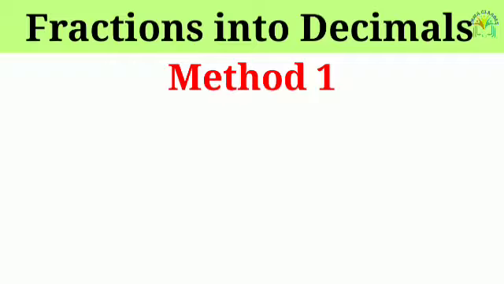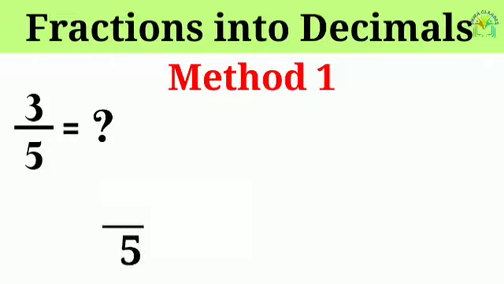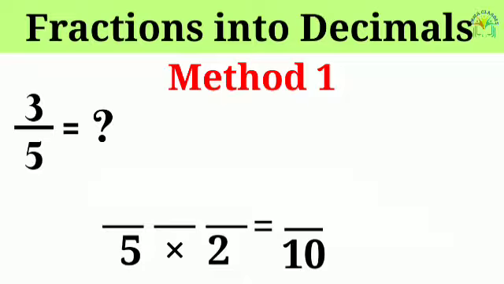For example, let's consider the fraction 3 upon 5. Here, the denominator 5 should be converted to a power of 10. This is possible if we multiply 5 by 2. We get 10. Then, to balance the fraction, we have to multiply the numerator by the same number 2.